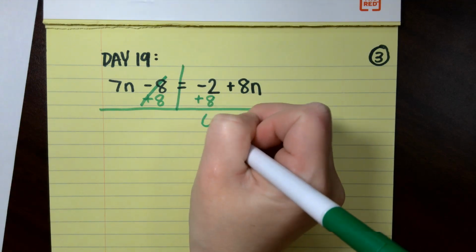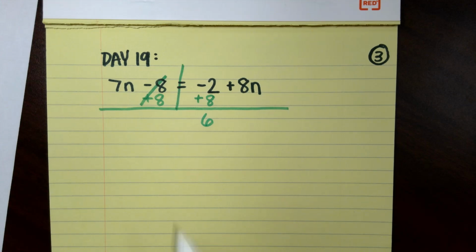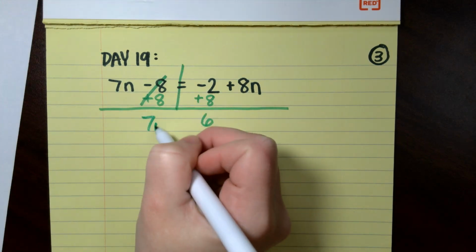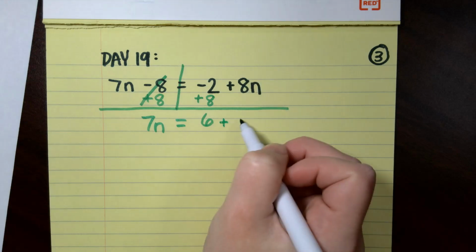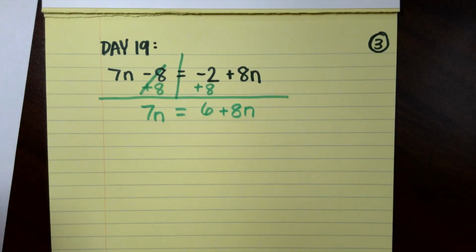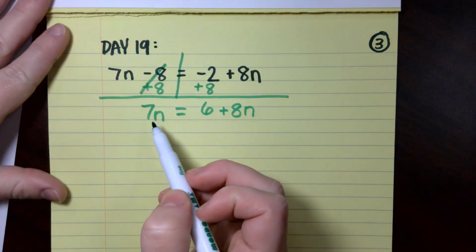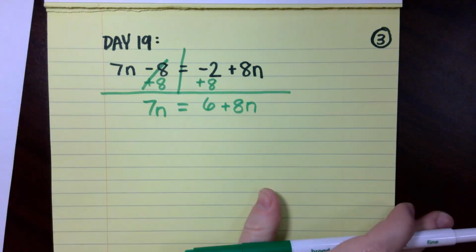So I've got 6. And what all do I need to bring down? I've got 7n equals plus 8n. All right. Now I have 7n equals 6 plus 8n.